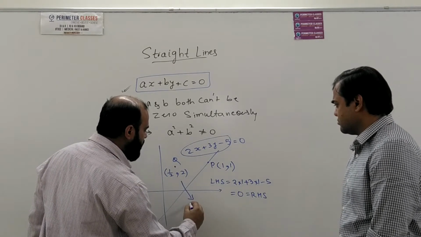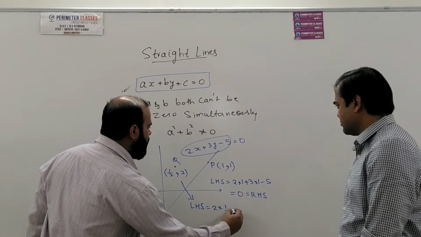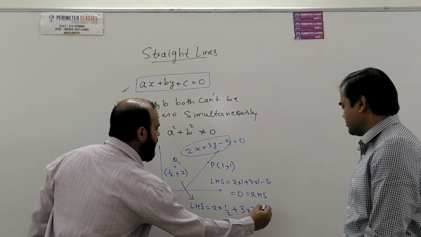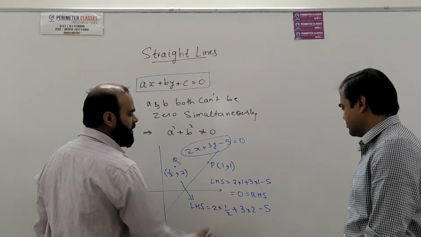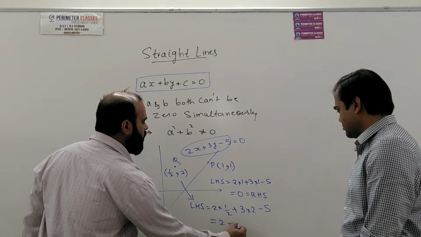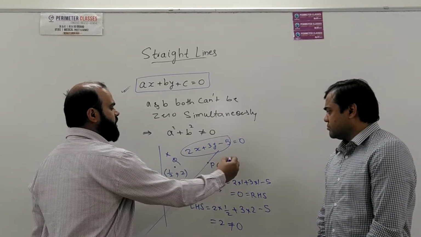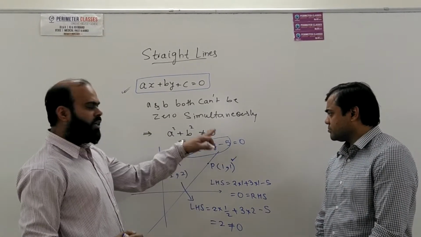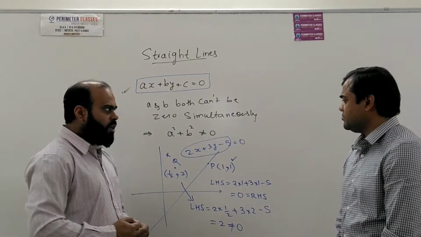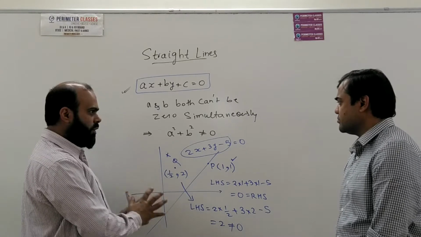For this, the left hand side will become 2 into half plus 3 into 2 minus 5. This will be 1 and this will be 6, which will become 7 minus 5, which is 2, which is obviously not equal to 0. So this point does not satisfy this equation, while the other satisfies it, so that point lies on this line. So this is what we understand by the straight line concept.